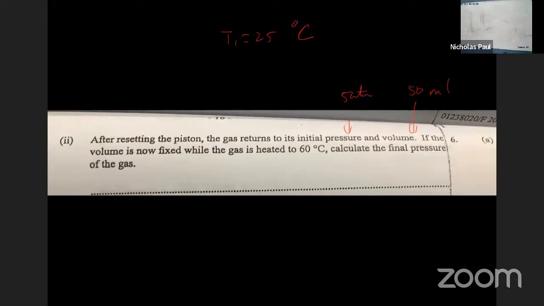Huh? Yeah, you're using the first temperature they give you. Yes, Sahara.